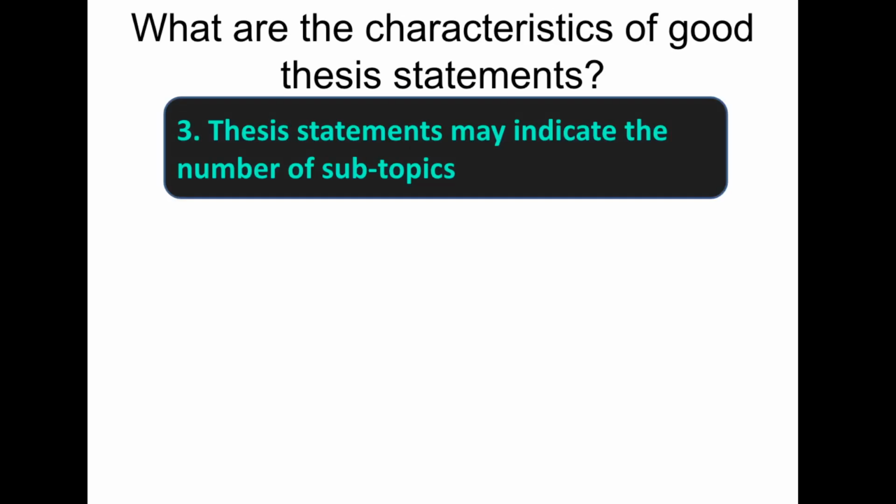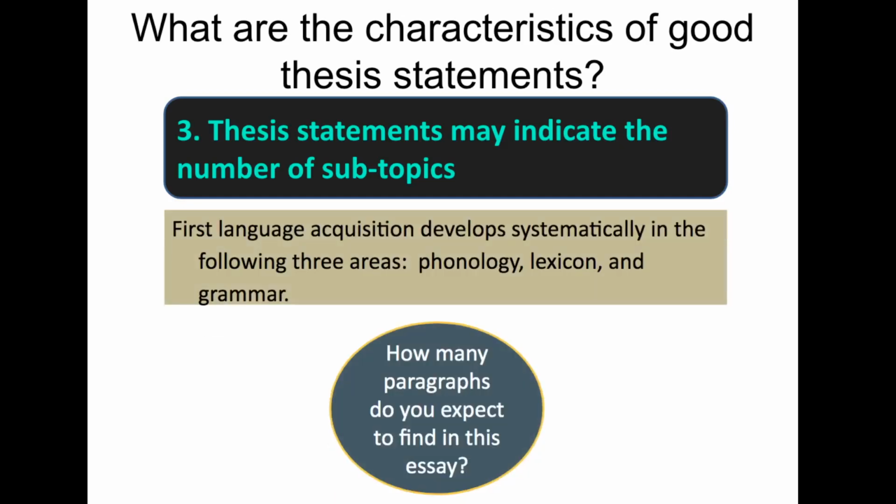So the thesis statement may include the number of subtopics. And again, may is the key word there. So first language acquisition develops systematically in the following three areas: phonology, lexicon, and grammar. So basically sound, words, and grammar. Again, how many paragraphs would you expect to find? It's probably three. Number one, phonology. Number two, lexicon.